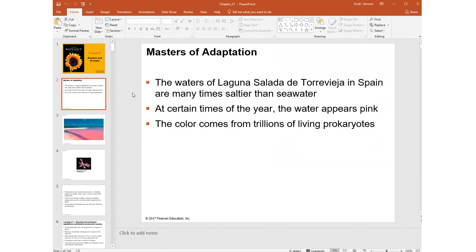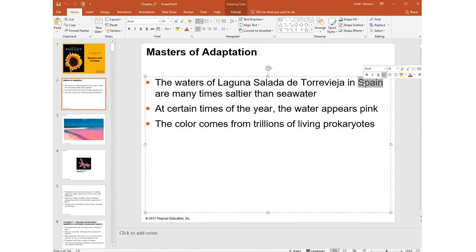So anyway, as kind of an introduction here, to get you interested in the subject of this chapter, they mention something interesting about an area in Spain, a seaside area called Laguna Salada de Torrevieja. Laguna Salada in Spanish, I think, means salty lagoon, and Torrevieja is probably the name of the town there, and Torrevieja means old tower, I think.